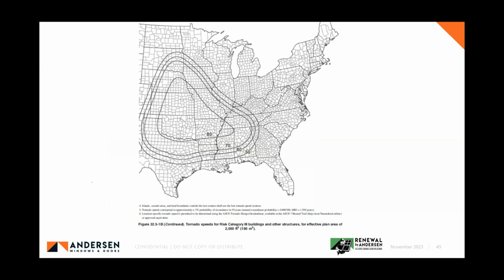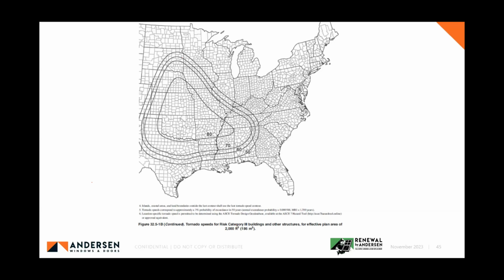It's a little different than how we've historically dealt with wind speeds, but the tornado maps are similar to the hurricane wind speed map. So let's take a look at some of the maps, with a focus on how it impacts Florida. This is our risk category 3 map, and this is for an effective plan area of 2,000 square feet.